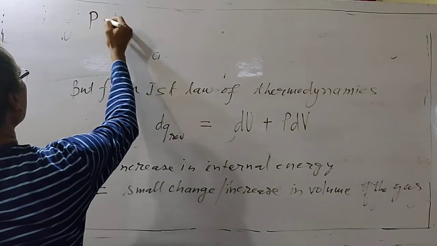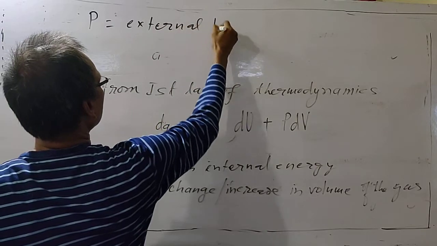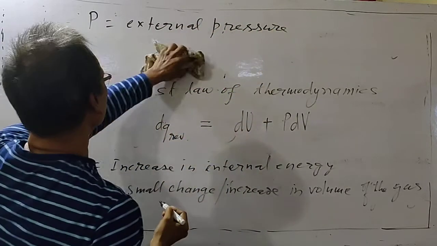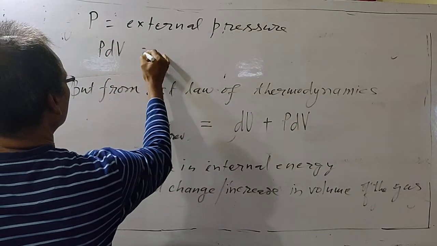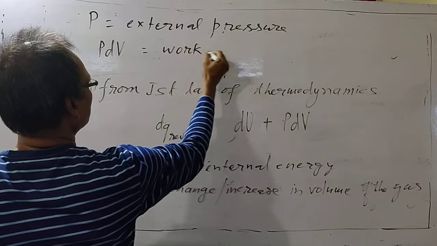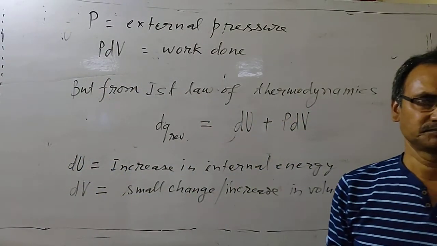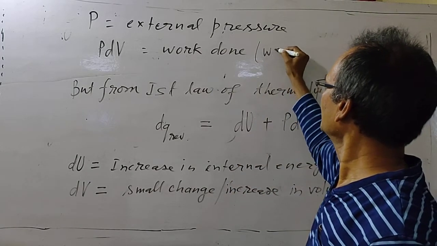P is external pressure, and PdV is work done. You may say work of expansion.